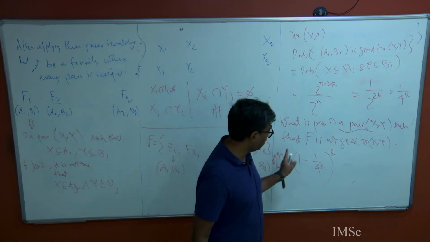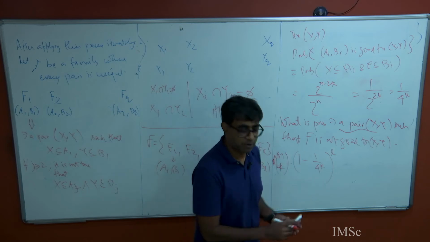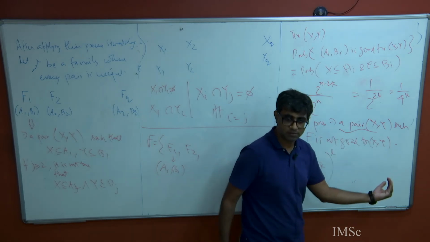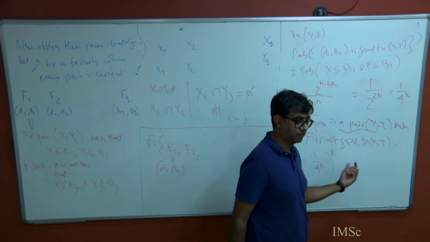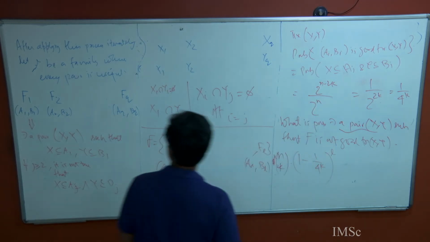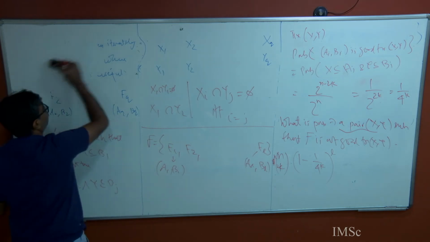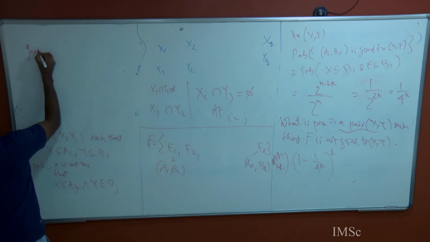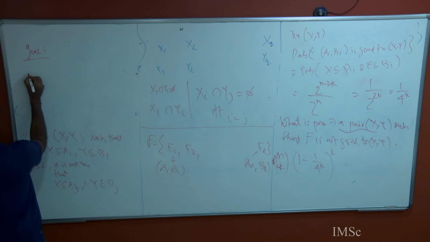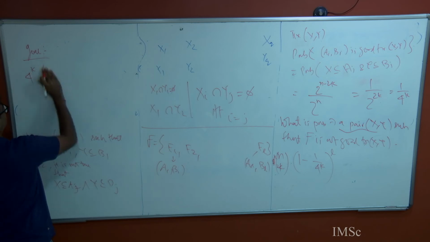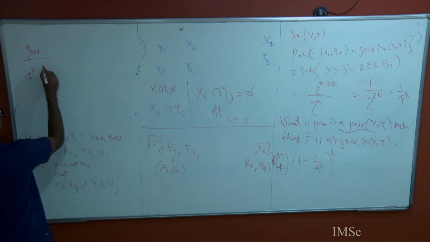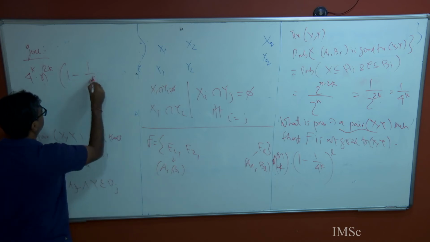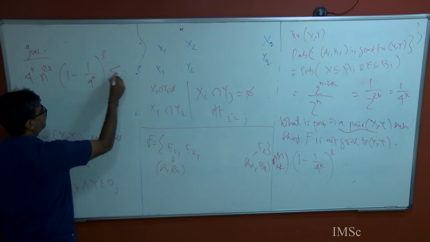What I want is for this probability to be strictly less than 1, because then there exists a family for which this holds. So my goal is to show that 4 to the power k times n choose 2k, say n to the power 2k, times 1 minus 1 by 4 to the power k to the power L is strictly less than 1.